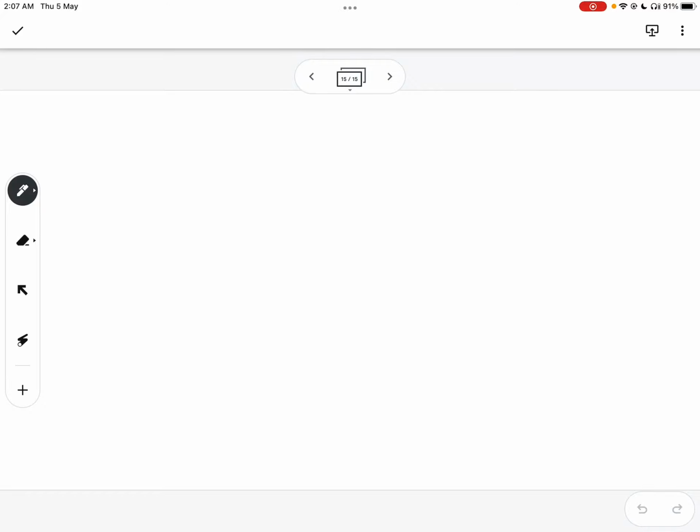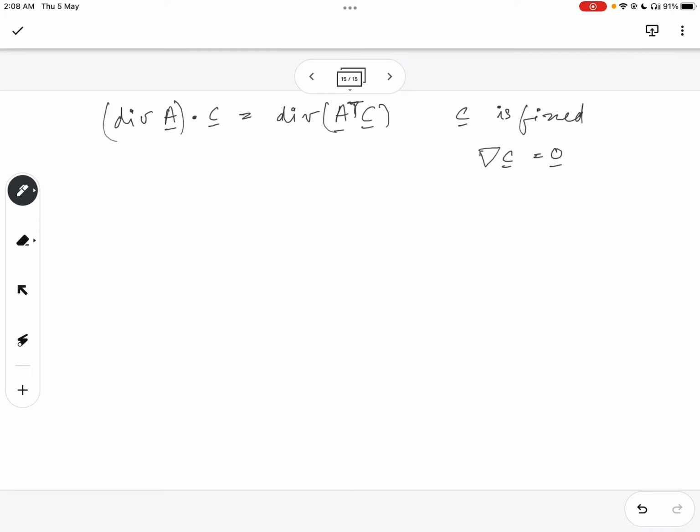Another method that can be used without using the identity, using our initial definition of divergence in terms of a fixed c, is that divergence A dotted with c is equal to divergence of A transpose c. c is fixed, that is, gradient of c is 0. So c, when written in terms of the polar coordinates, is c_r e_r plus c_theta e_theta plus c_z k, and gradient of c is 0.